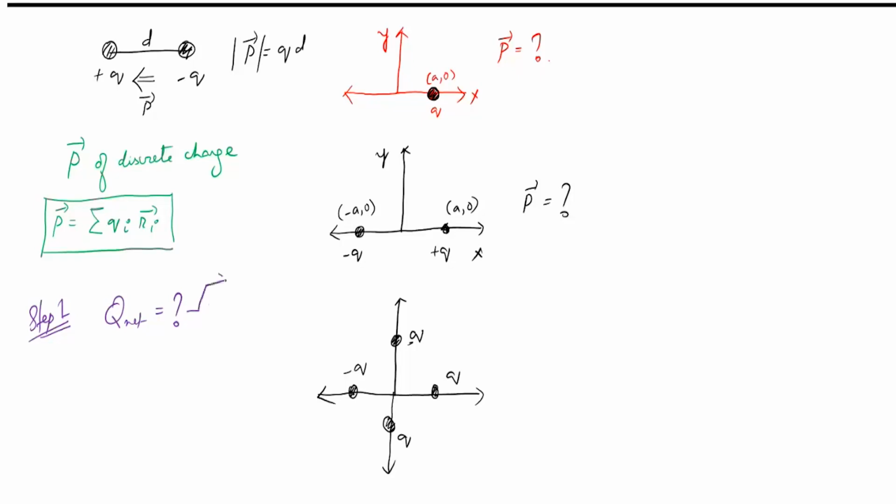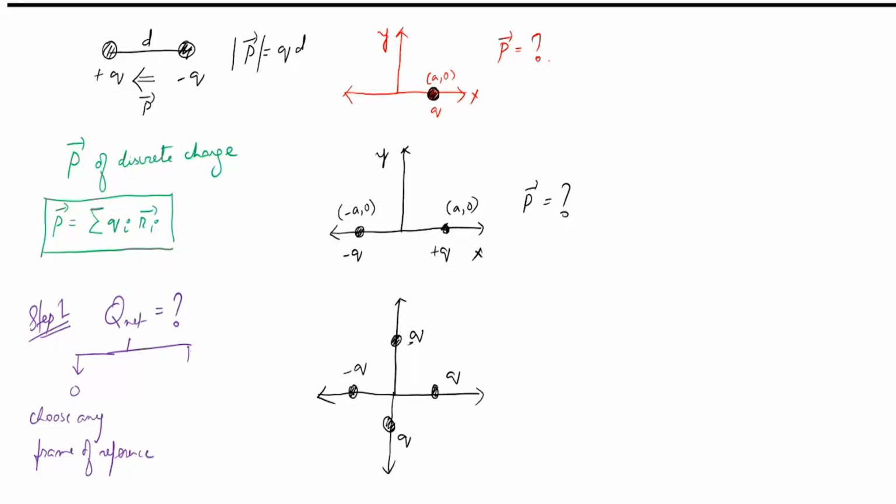If net charge is 0, then you can choose any frame of reference, because whenever the net charge is 0, the dipole moment is independent of the frame of reference.